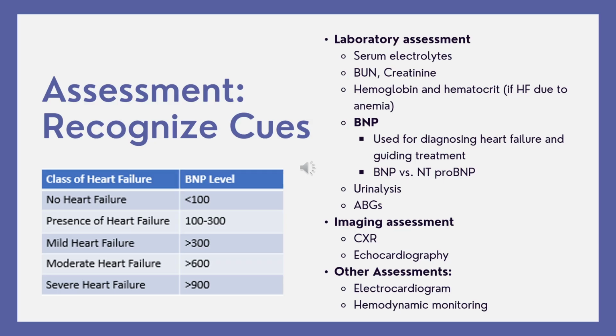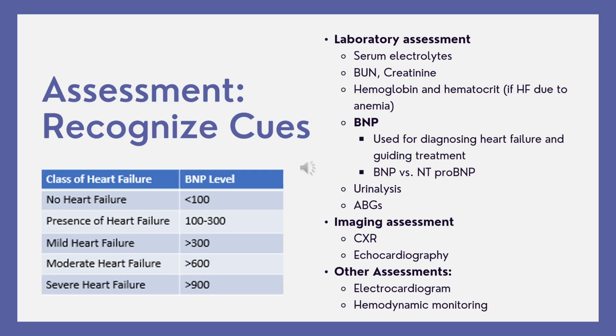BNP is an active hormone that's released by the heart when the ventricles stretch due to fluid overload. It helps to promote vasodilation and diuresis to help reduce cardiac strain. However, it's not very effective. So in the lab, we're going to draw a BNP or an NT-proBNP.